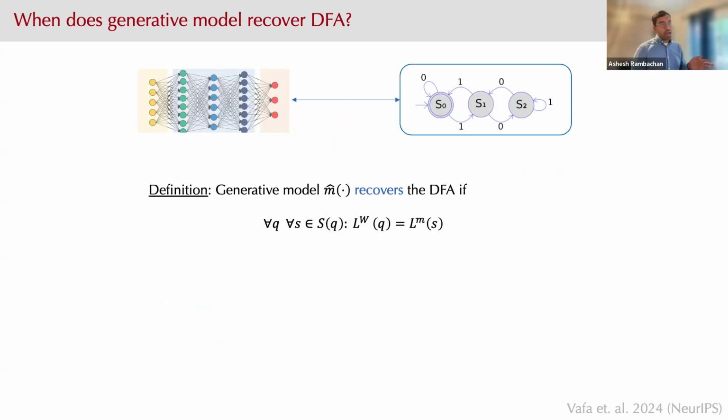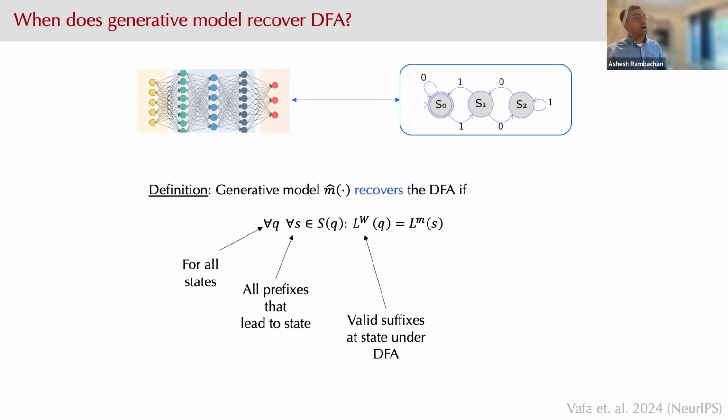And this is a lot of math, so let me just try to unpack it a bit more slowly. What it says is that for all states under the DFA Q, for all sequences under the DFA that would lead to a particular state, does the large language model, or the generative sequence model, produce the same valid continuations out of that state as are consistent with the DFA?